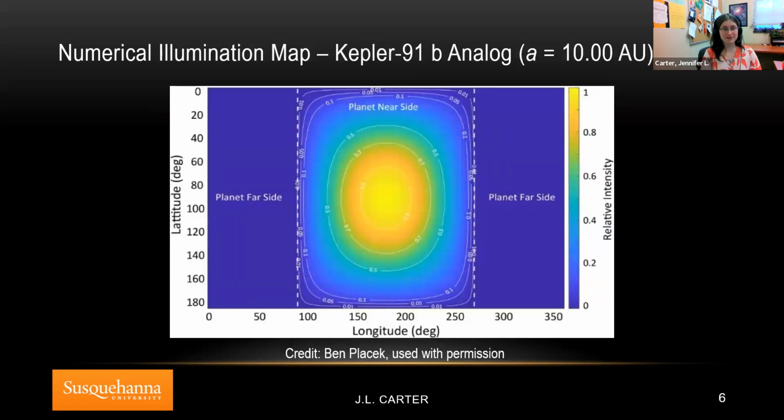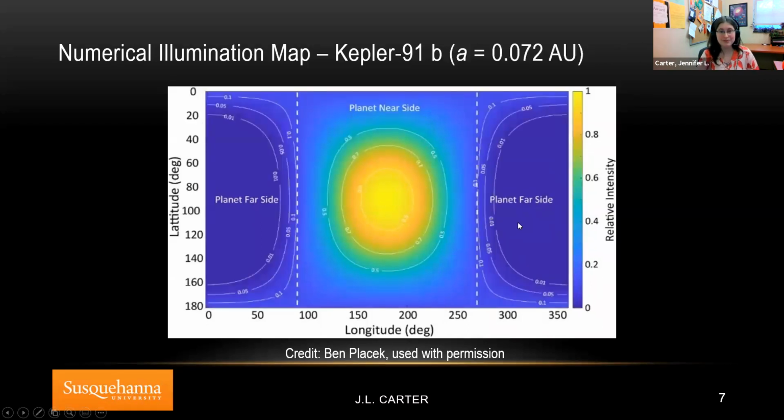Further, we can produce numerical illumination maps. Here again, we see a case in which the plane parallel case holds when the planet is set far from the host star. I want to point out these dashed lines. These dashed lines would mark the terminator of our exoplanet, that halfway point. And in this case, we have no illumination on the planetary far side.